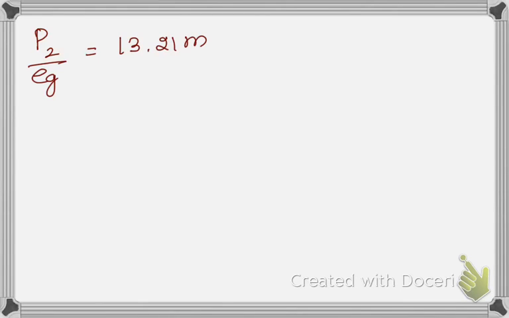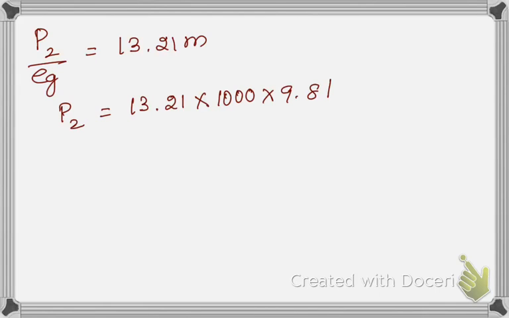Now I am in need of only P2. So P2 is equal to 13.21 into 1000 into 9.81. Okay. So if I am in need of centimeter square, because everywhere it is given in centimeter square, that is the pressure we are denoting by centimeter square, and what we get here will be in meter square.